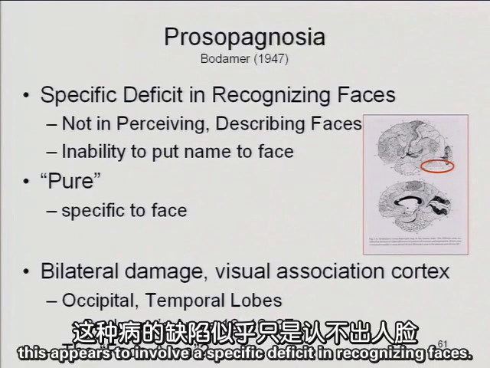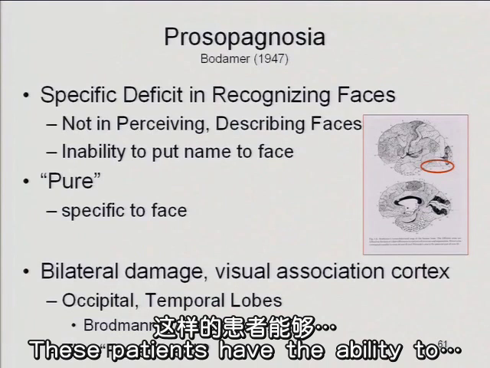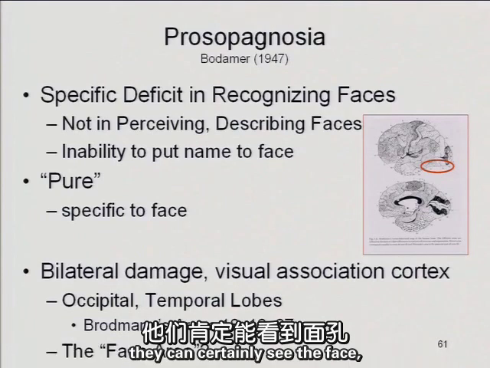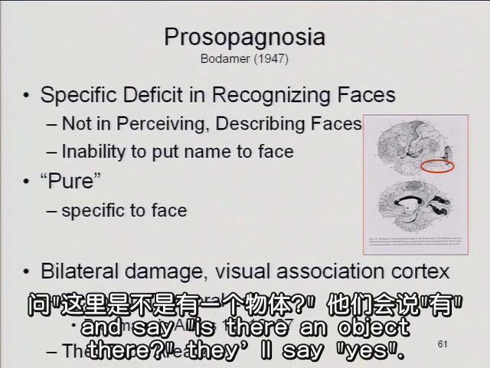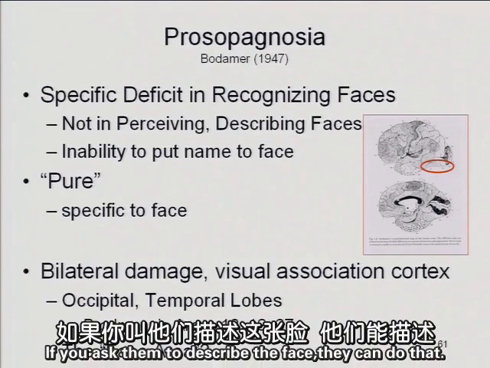This appears to involve a specific deficit in recognizing faces. These patients can certainly see the face. If you put a face in front of them and ask, is there an object there, they'll say yes. If you ask them to describe the face, they can do that.